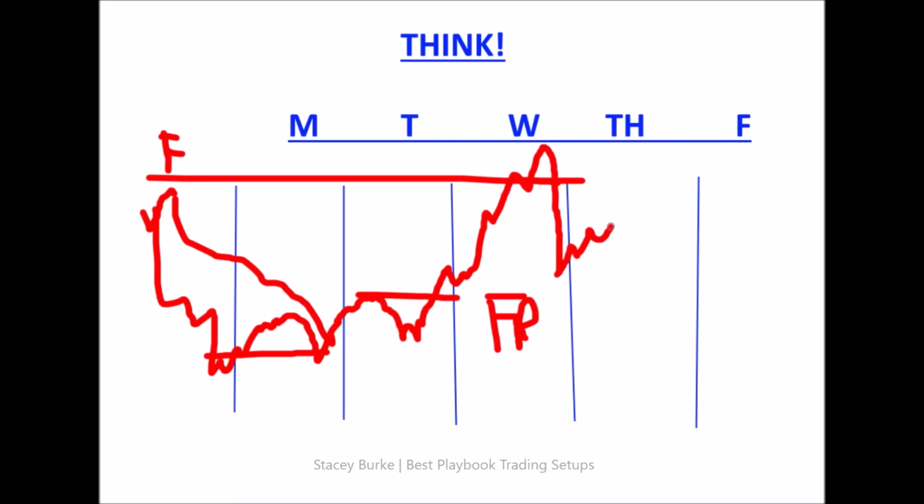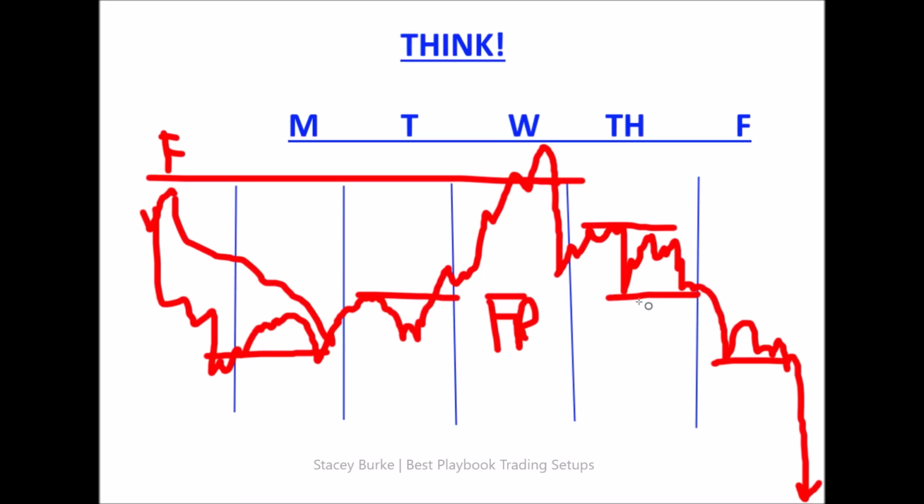And then we can have a 3-session setup on the Thursday for a vertical move on the Friday that blows off maybe on major red news, or maybe no news at all. Maybe we have an inside day, a break in structure, whatever that may be.